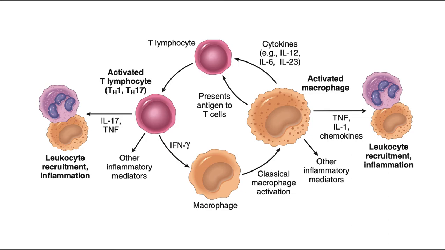Th17 cells secrete interleukin 17 and other cytokines, which induce the secretion of chemokines responsible for recruiting neutrophils into the reaction. Both Th1 and Th17 cells are involved in defense against many types of bacteria and viruses and in autoimmune diseases. Th2 cells are important in defense against helminthic parasites and in allergic inflammation.